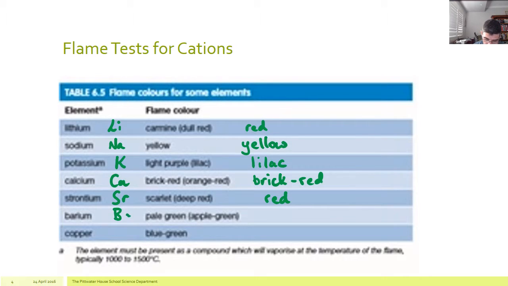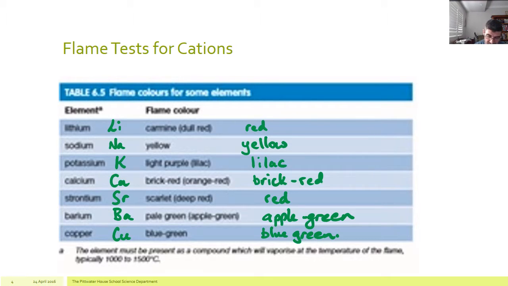And then two others that we've mentioned on the previous slide, barium and copper. Barium has that sort of appley green, like a Granny Smith green apple color. And then the copper itself forms more of a bluey green colored flame. So these are the different ways that we can identify cations from their flame color.